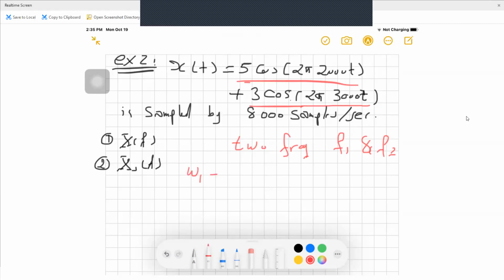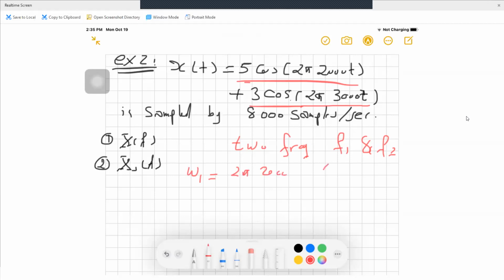Omega 1 will be 2 pi 2000, and f1 will be 2000 hertz. It's very clear. Omega 2 will be 2 pi 3000, and f2 will be 3000 hertz.